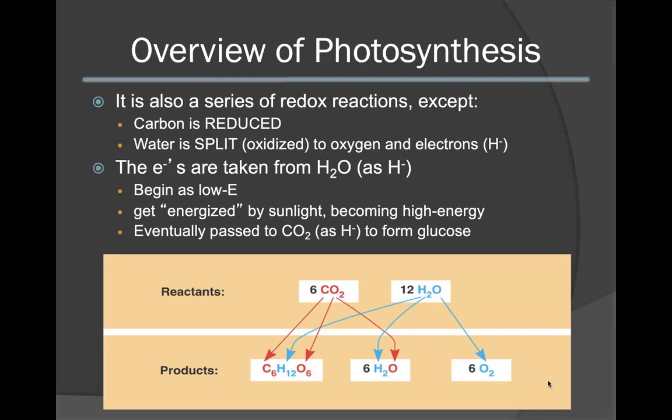When these electrons are being stripped away from the water, they are considered to be low energy. They're going to get energized by the incoming sunlight and transition into a higher energy state. Once these electrons are high energy, they're eventually going to get passed to the carbon dioxide, once again as hydride ions, and eventually be used to form glucose.